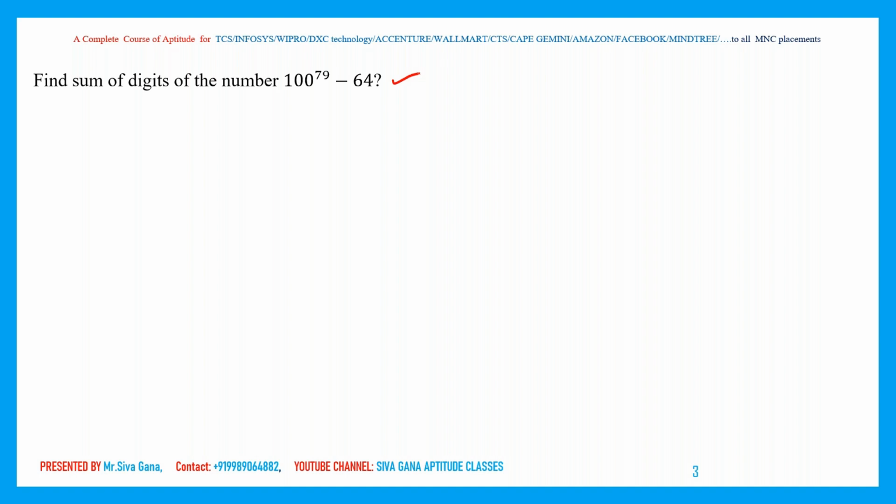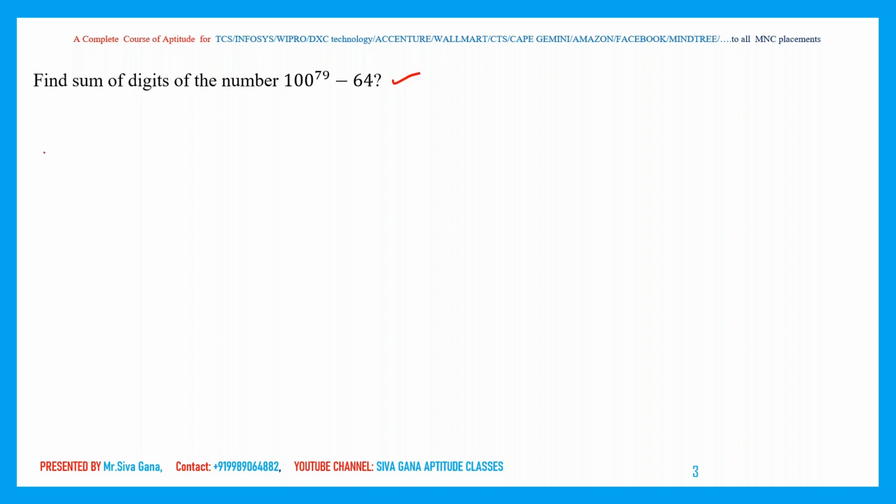Now in this question, 100 power 79 minus 64 looks like a bigger number. If you find it difficult to crack, take a similar kind of number which is a little bit lesser and try to answer, right?